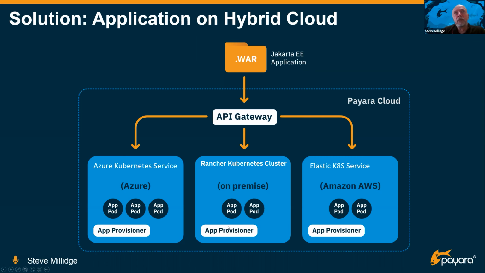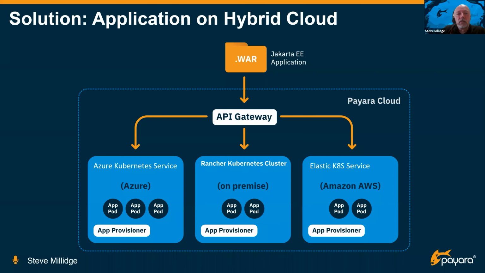And basically, because we are the Jakarta EE Java vendor, we are managing all this for you as a developer so that you can build the application and not the infrastructure. Because, as I said, the biggest change in cloud native is that this infrastructure layer is completely different.